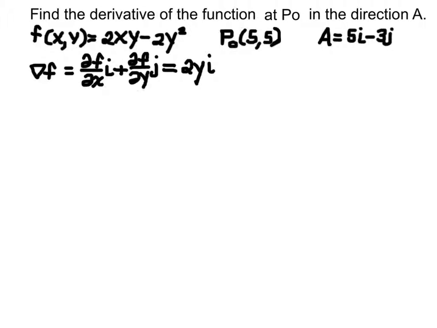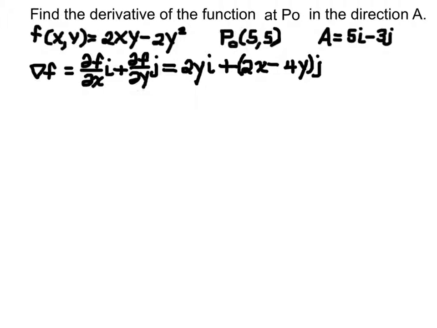Plus the partial derivative with respect to y is 2x minus 4y. So now we have the gradient. And of course, let's put parentheses around this because this is the j component.